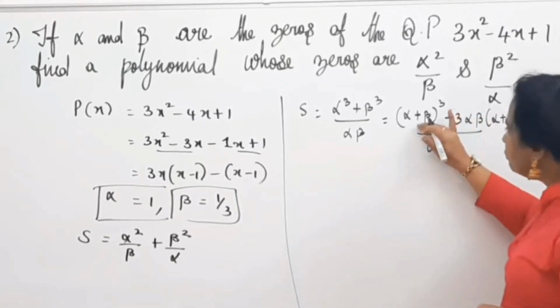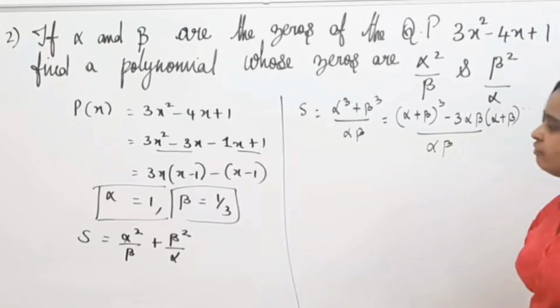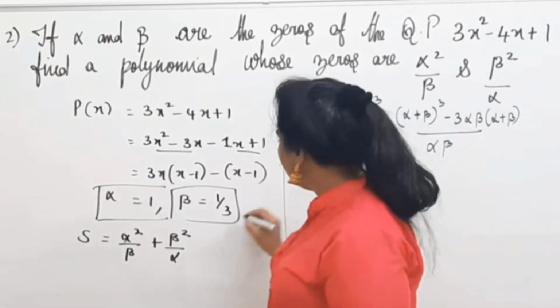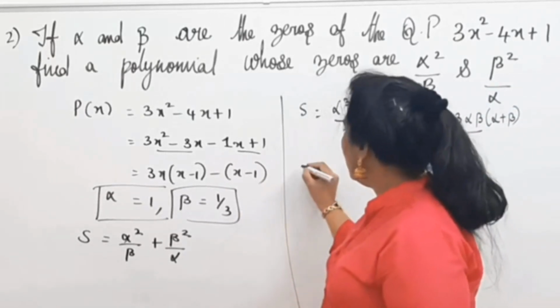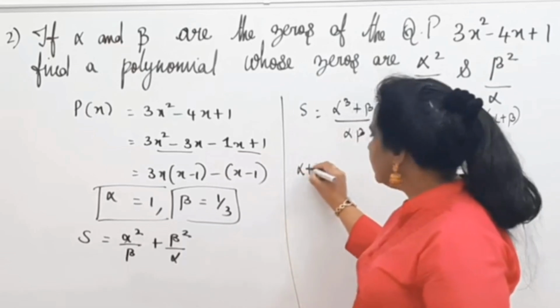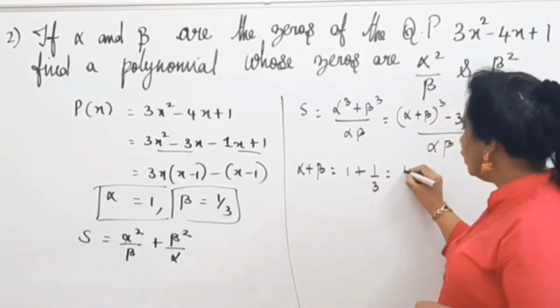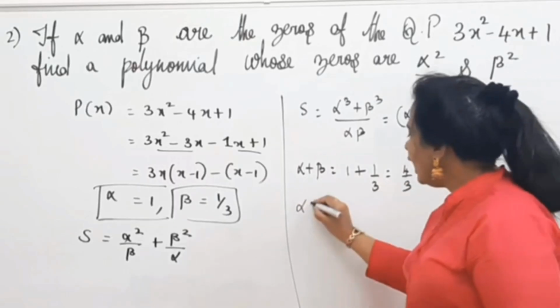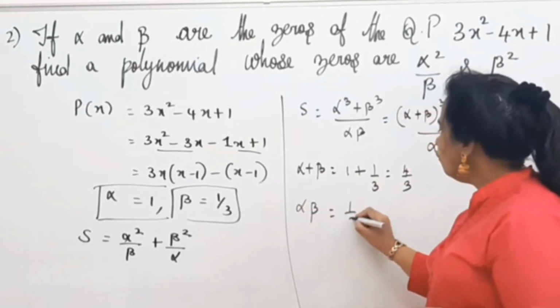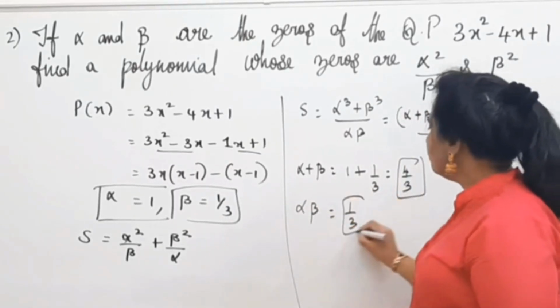So I have to get my alpha plus beta and alpha beta. Alpha plus beta is equal to 1 plus 1 by 3, which is equal to 4 by 3, and alpha beta is equal to 1 by 3. So I got both the values.